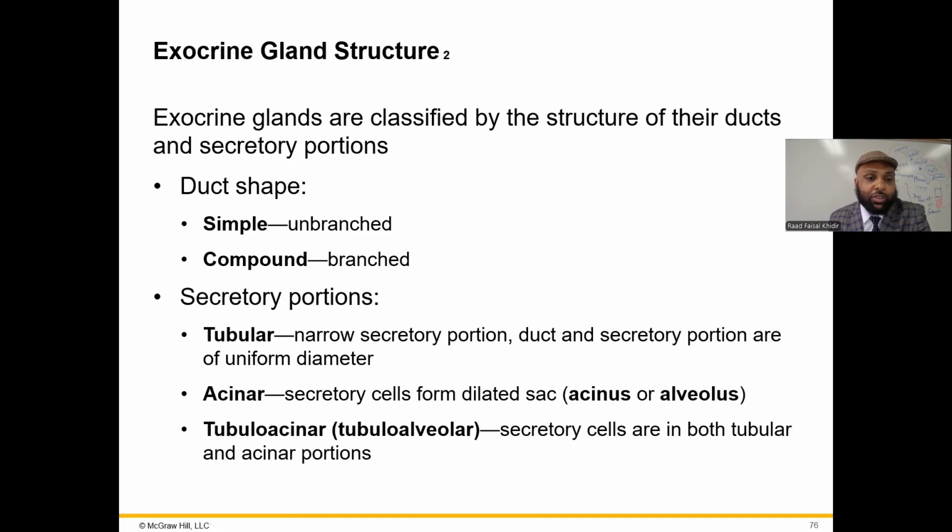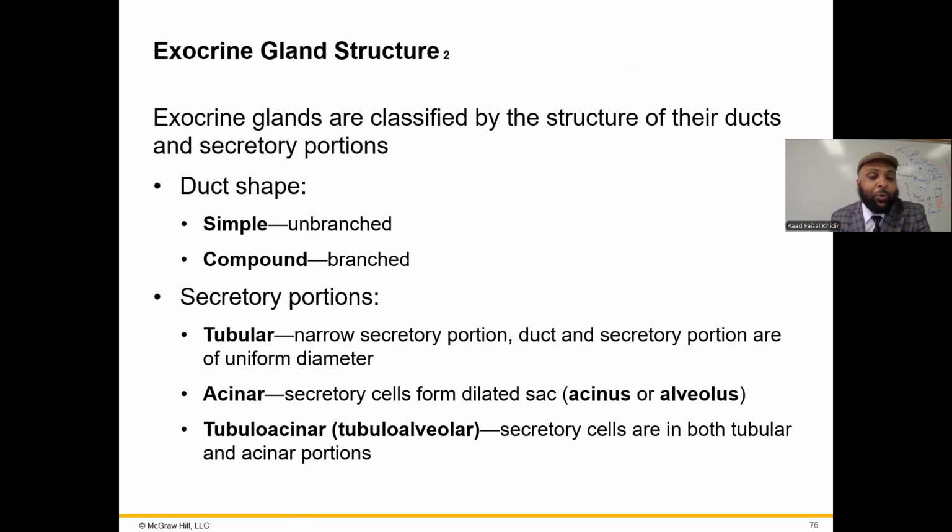Exocrine gland structure. The exocrine glands are classified by the structure of their ducts and secretory portions. The duct shape is, there are unbranched ducts known as the simple ducts, and there are branched ducts known as the compound ducts.